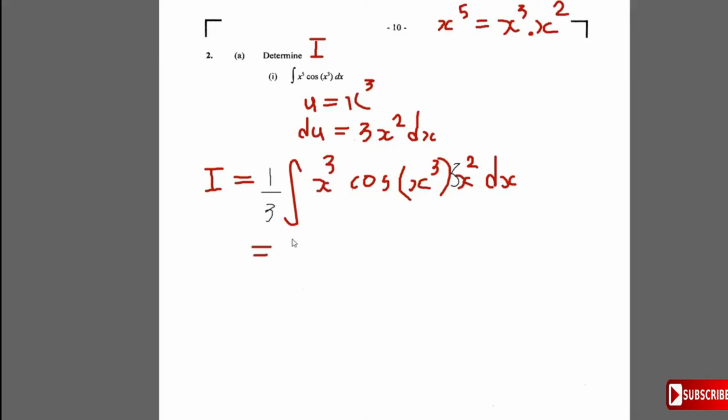So now I get that I is equal to 1 over 3 times the integral of x cubed, which is u, times the cos of u, and then 3x squared dx becomes du.